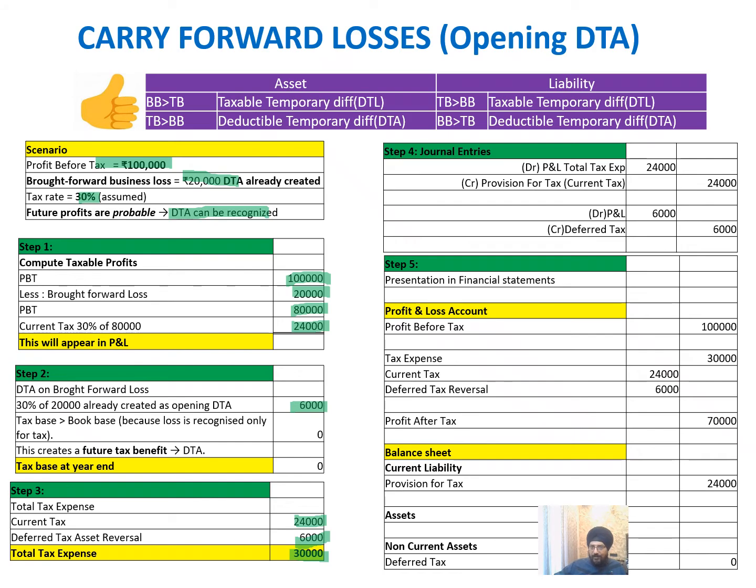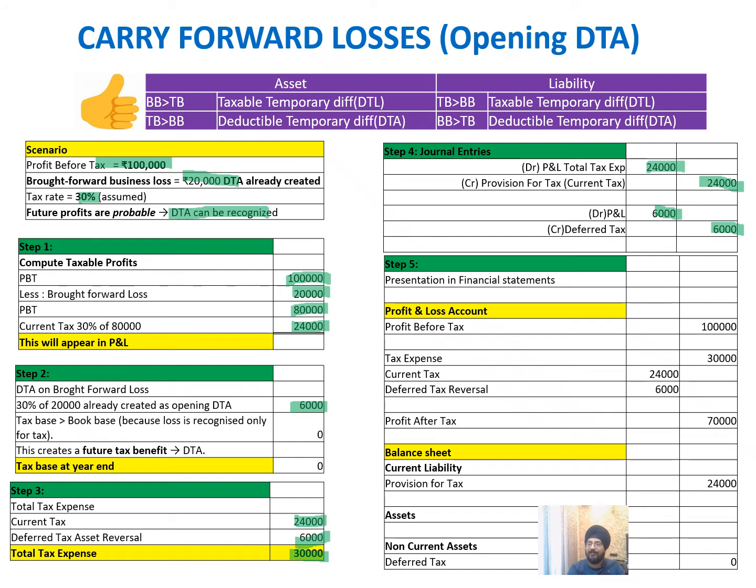So my accounting entries: my PNL would be charged on the basis of 24,000, which is my current tax. My PNL will again be charged, because now this charge is not on account of any liability, but it is the reversal of my deferred tax. One important point to keep in mind is that the charge to the PNL is 30,000 and it has not been reduced because of this loss, because the reduction in the PNL had happened last year when I created the DTA on the losses.